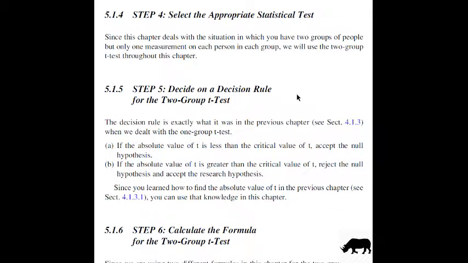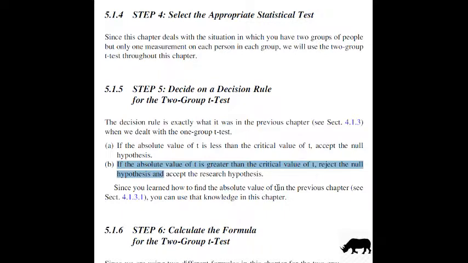Step 5. Decide on a decision rule for the two-group t-test. The decision rule is exactly what it was in the previous chapter, when we dealt with the one-group t-test. A. If the absolute value of t is less than the critical value of t, accept the null hypothesis.